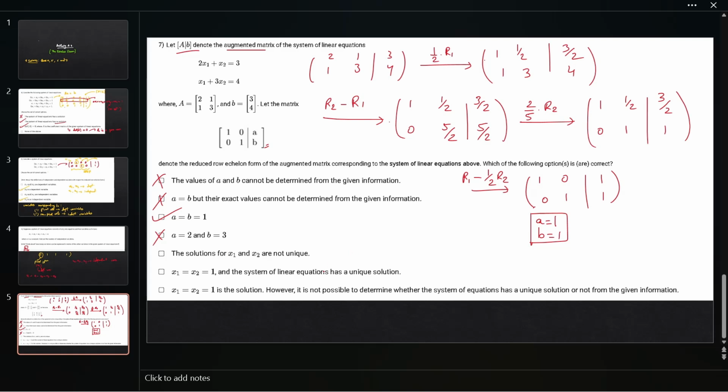So here, see, we started with the augmented system AB, right? And we performed some n number of elementary row operations, and we obtained a different system which is RC.